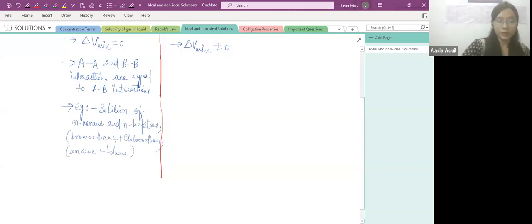Now let's talk about the non-ideal solution. Non-ideal solutions are those that do not obey Raoult's law, and they show deviations. The first one is negative deviation, and the second one is positive deviation.